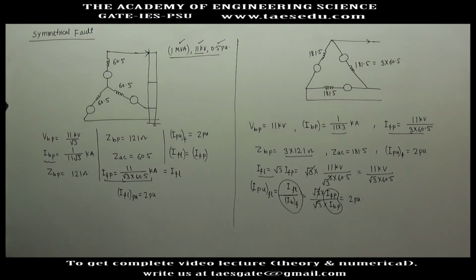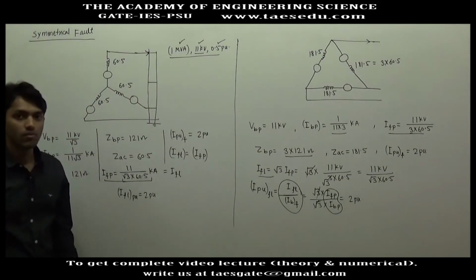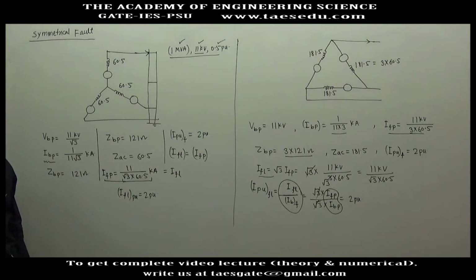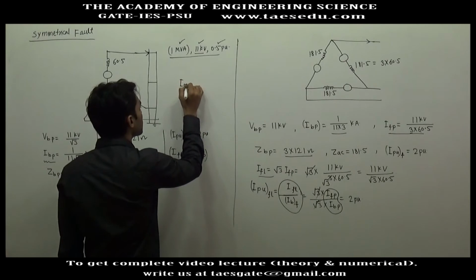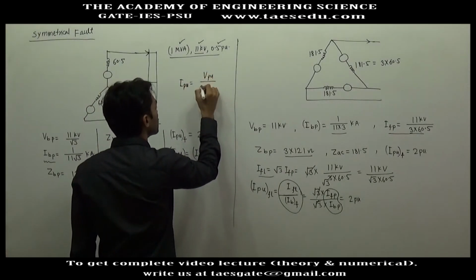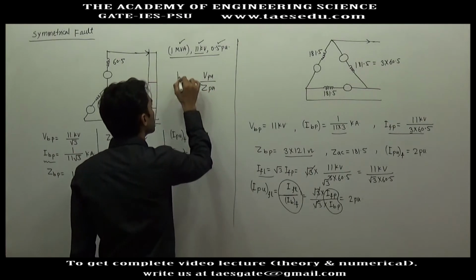So calculation in PU will be easy, because in PU it does not make a difference whether you are calculating in case of a star or delta, and you don't even need to bother about phase quantity and line quantity. Everything in PU will be the same. The formula in PU is very simple. Current in PU will be voltage in PU divided by impedance in PU, applicable everywhere.